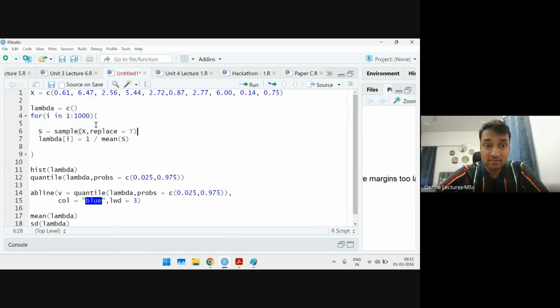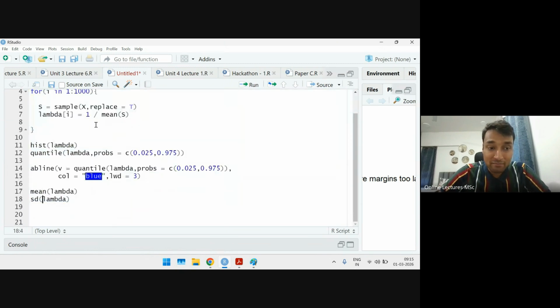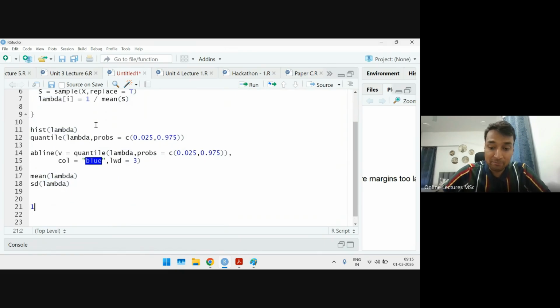Guys, the whole perspective of bootstrap is to get away from distributions when I'm talking about the parameter at hand. That is why I repeatedly tell you there are two statements to understand here. One is the distribution of X. Another is the distribution of the parameter I'm trying to work upon.